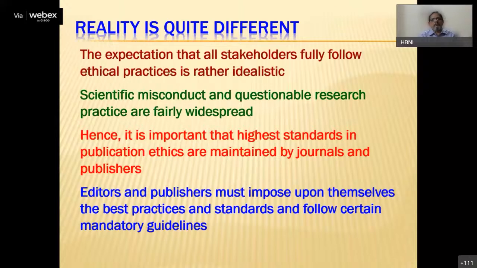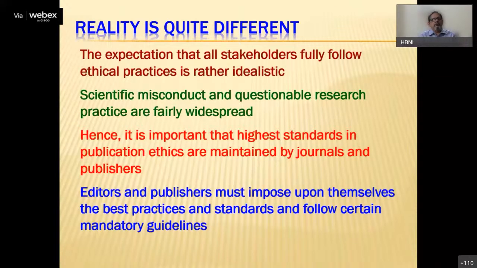As we have seen in the course of earlier lectures, scientific misconduct as well as questionable research practices are fairly widespread. So it becomes all the more important that higher standards in publication ethics are maintained by journals and the publishers.